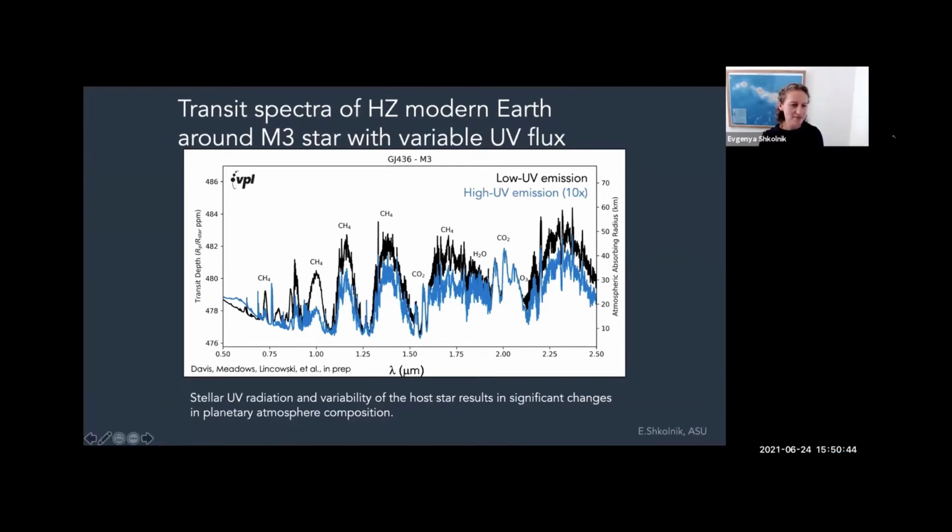And you can see that the methane is highly depleted in a high UV environment. And the same is true for water and so on. And I'll show you some other examples as well. So this should bring home the point that we're going to be collecting, hopefully, many spectra of Earths in habitable zones, one way or another, but we need the UV in order to understand them.